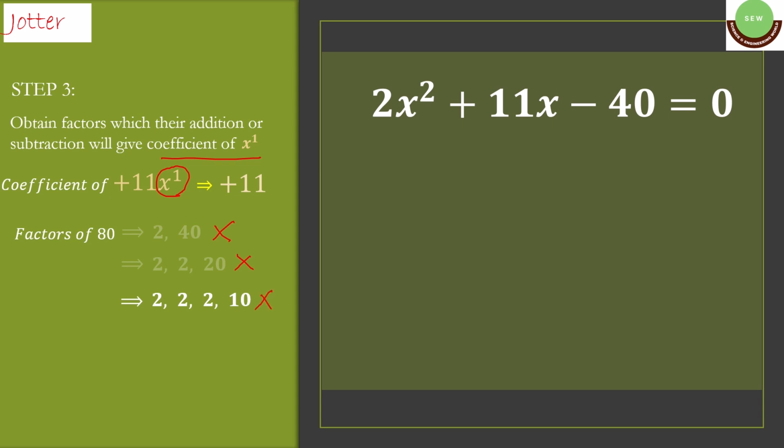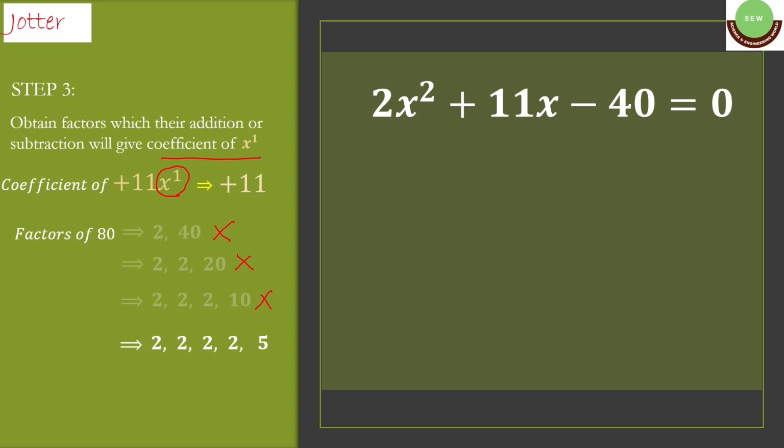So the fourth one we saw is 2, 2, 2. That is 8 times 2, which is 16, and 5. So if you add 16 to 5 it is 21. No. 16 minus 5 will give us plus 11.